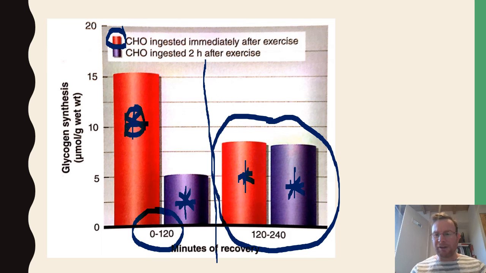So it shows you the value of taking on board carbohydrate immediately as you've finished. It stocks up your glycogen stores preferentially. It's almost like a freebie meal.